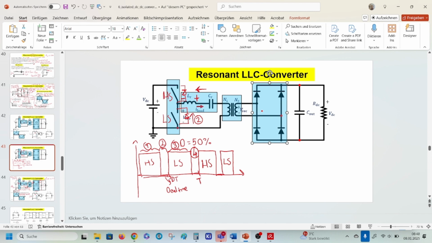That means the polarity will change. During the mode 1, the polarity plus was here on this side. Now it's on this side. That means the current wants to flow in the same direction, and it will flow because this is also off, and the only path for the current flow would be this.